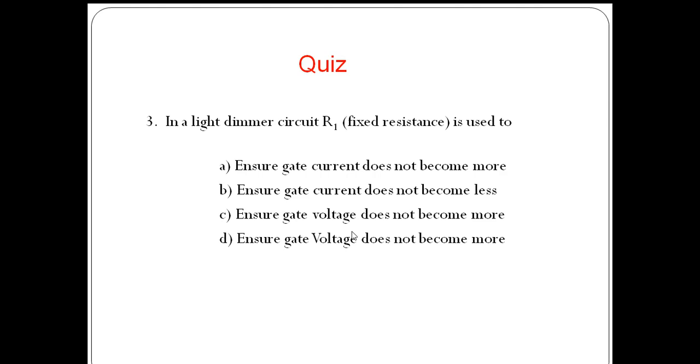The gate current has a specific maximum value that should not be exceeded. So for gate current limiting, the fixed resistance is used. So option A, it ensures the gate current does not become more. For that purpose, the fixed resistance is connected in the circuit.